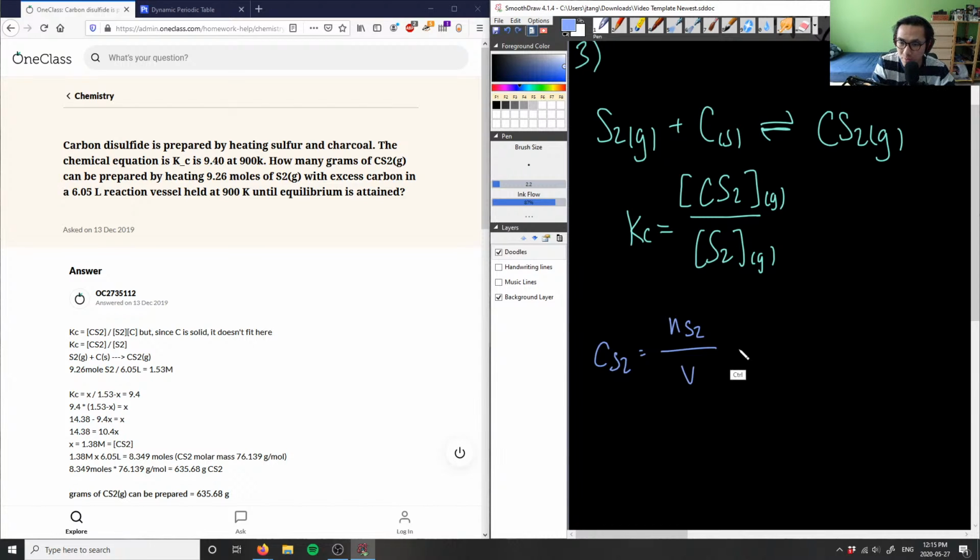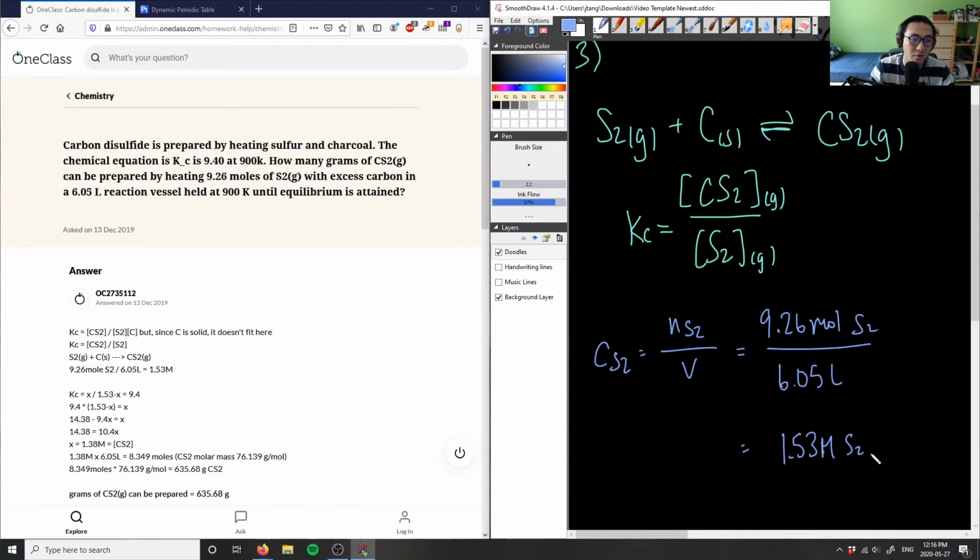We have 9.26 moles of S2 divided by 6.05 liters, which equals 1.53 molarity of S2. Therefore, we can isolate for our CS2.